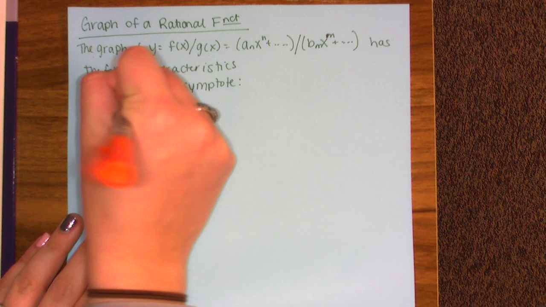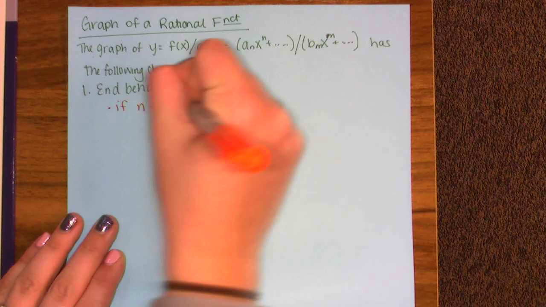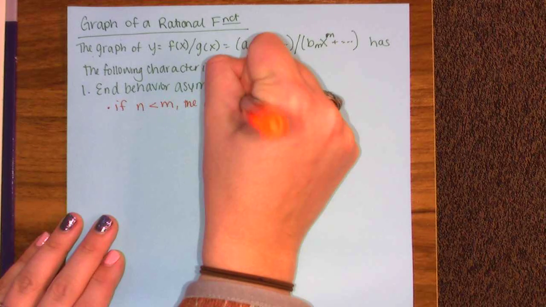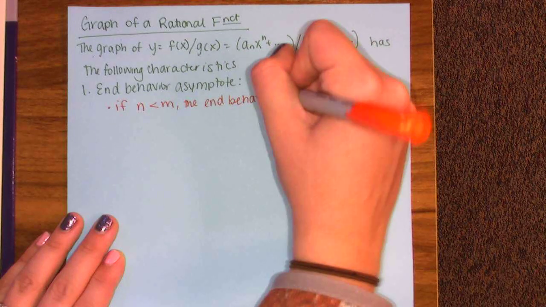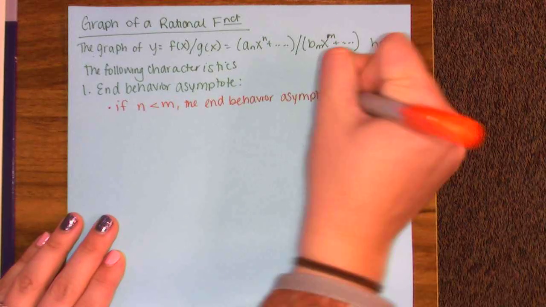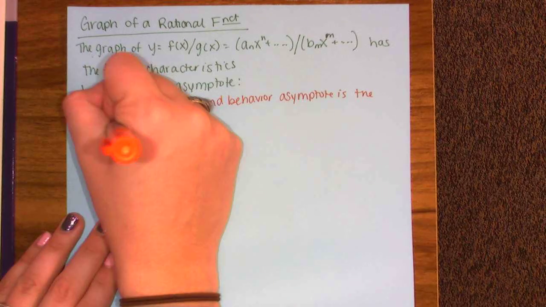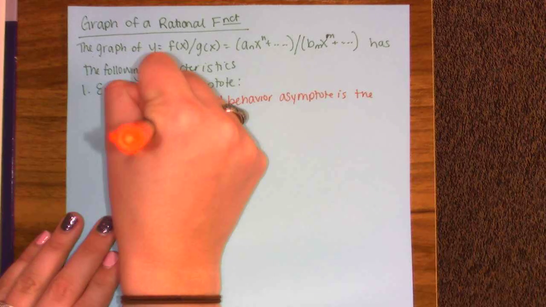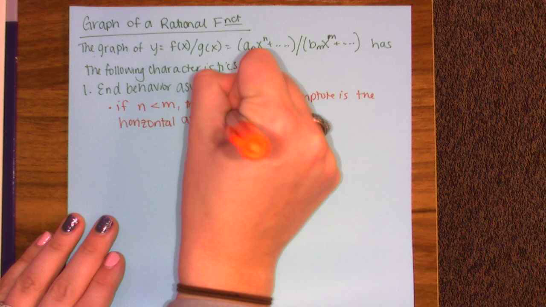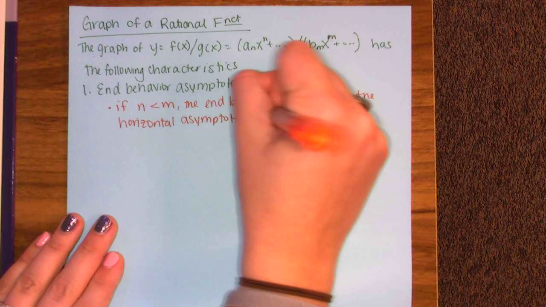If n is less than m, the end behavior asymptote is the horizontal asymptote y is equal to 0.